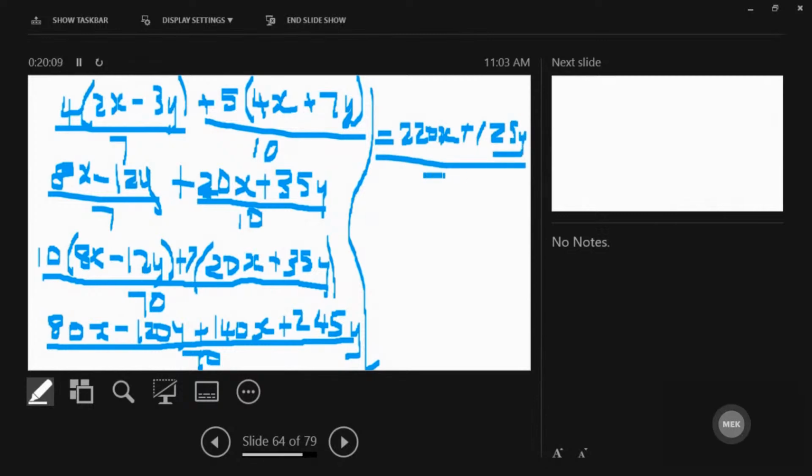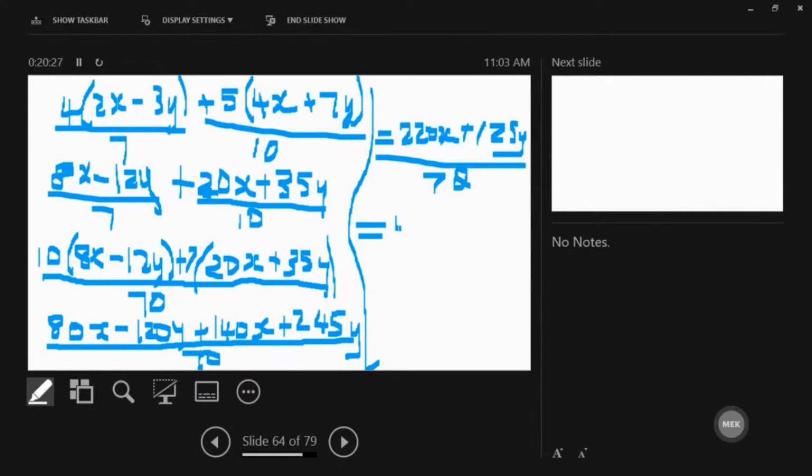over 70. And all of these are divisible by 5. All right, so 5 into the 125, that's 25. And 5 into the 220 is 44.